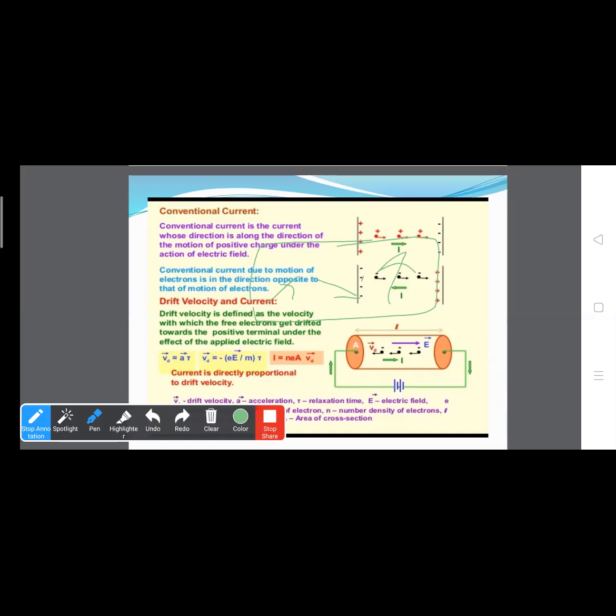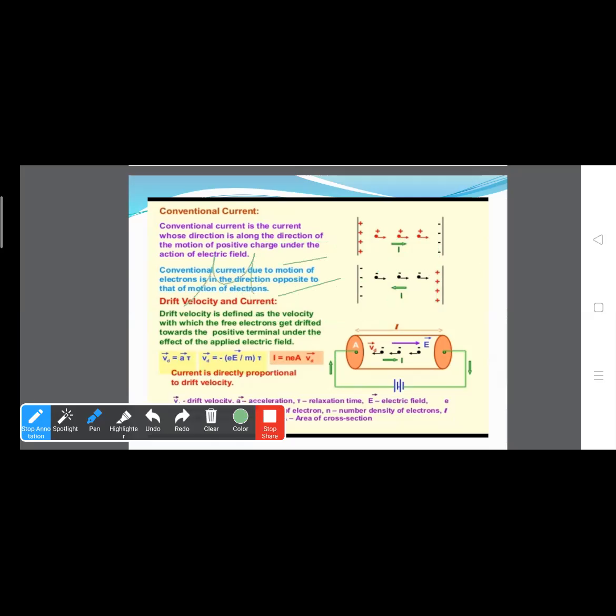So the number of free electrons moving through this cross section in one direction is nearly equal to the number of free electrons crossing it from the opposite direction. So the net flow of charge as well as the net velocity through any cross section will be 0. Clear? Hence, no current flows through the conductor in the absence of an electric field. This average velocity is called thermal velocity.